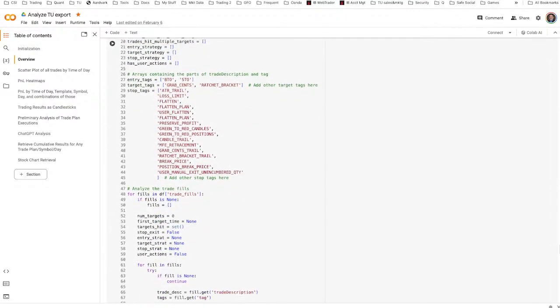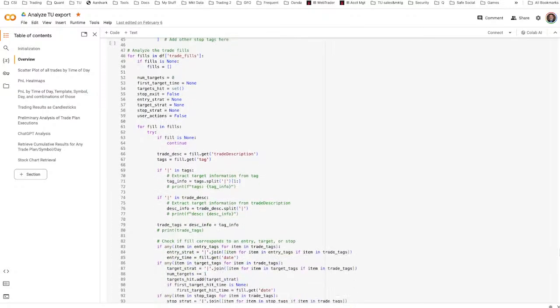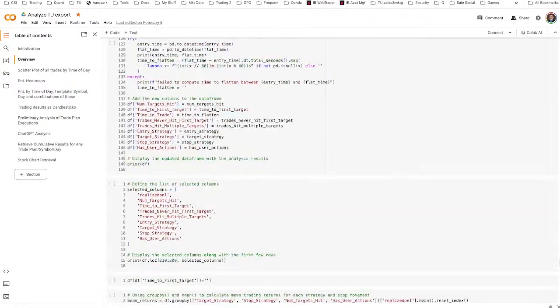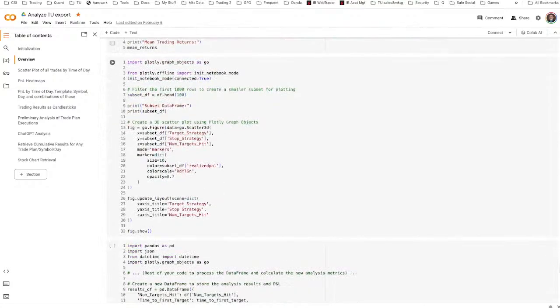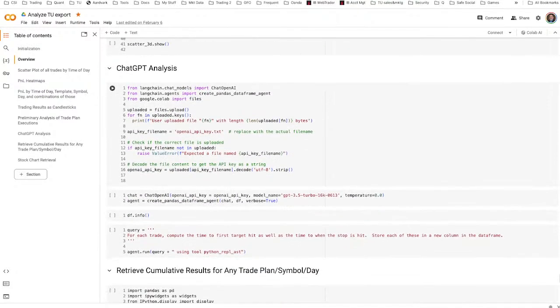For example, if you had one ratchet bracket that had trailing and another one that didn't, I want to be able to compare those to see which one's performing better. It's easy to think that the one that leaves a runner would be better, but you never know in practice which way it's going to go. So there's no end to the amount of analysis we can do.